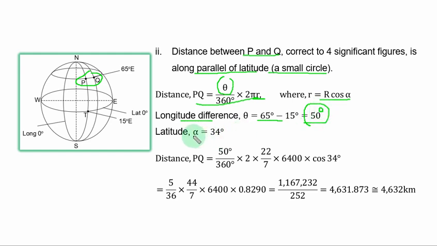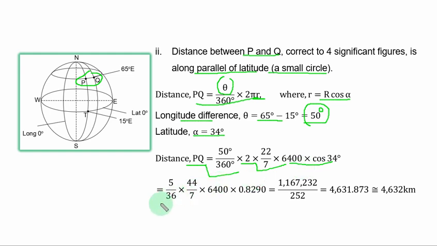Alpha is 34 degrees, the latitude of point P, because Q is from P. So the distance is equal to 50 degrees over 360 degrees times 2 times 22 over 7 times 6,400 times cos 34 degrees.